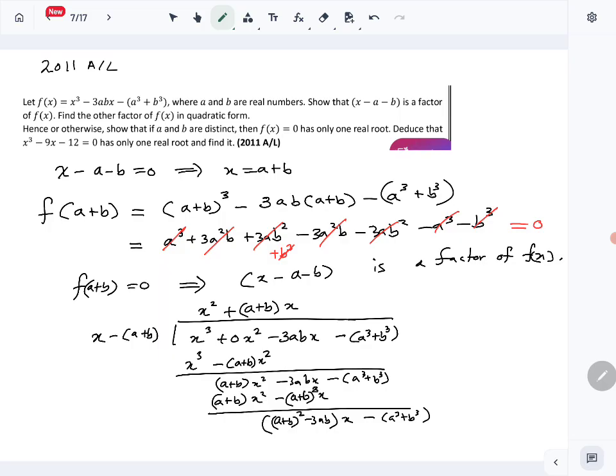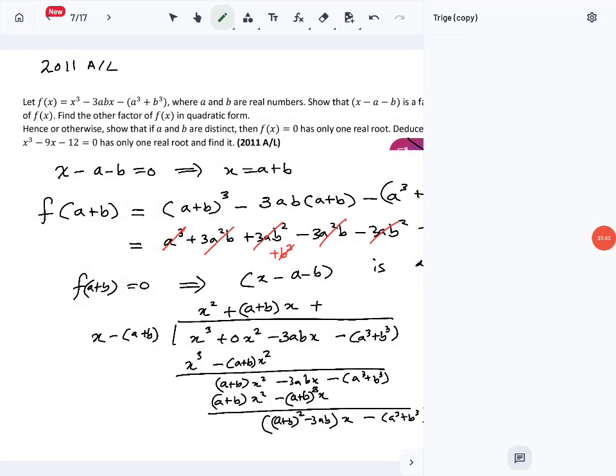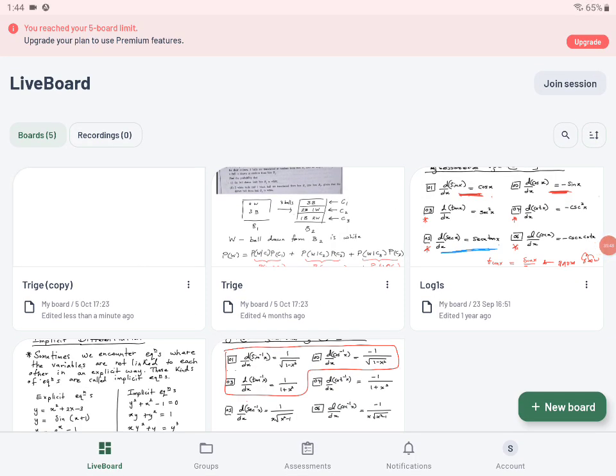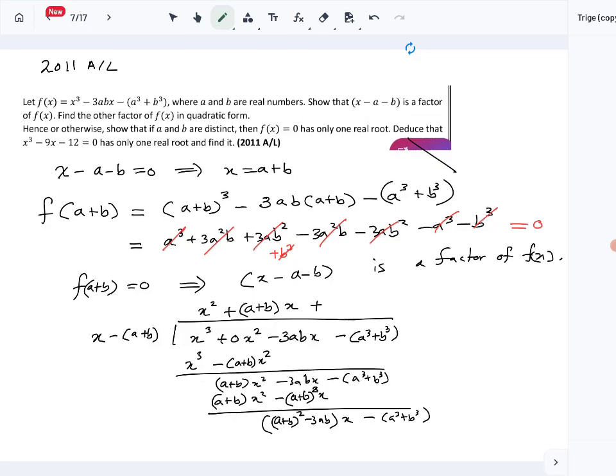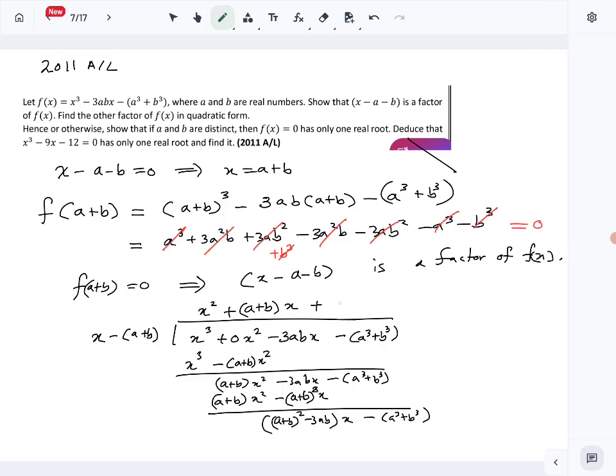Right, so then this will become what? (a + b)... (a + b)² − 3ab.